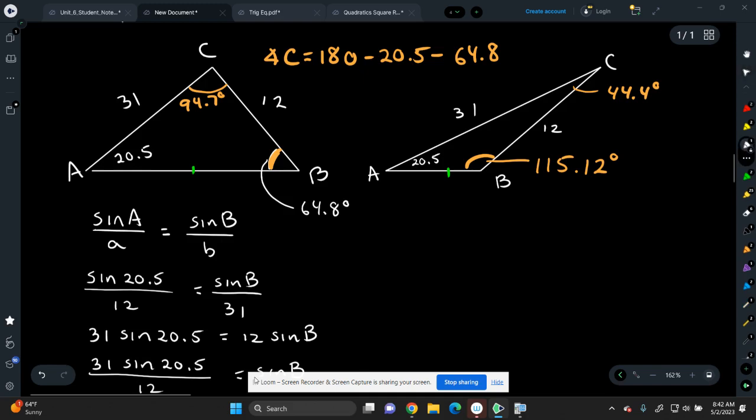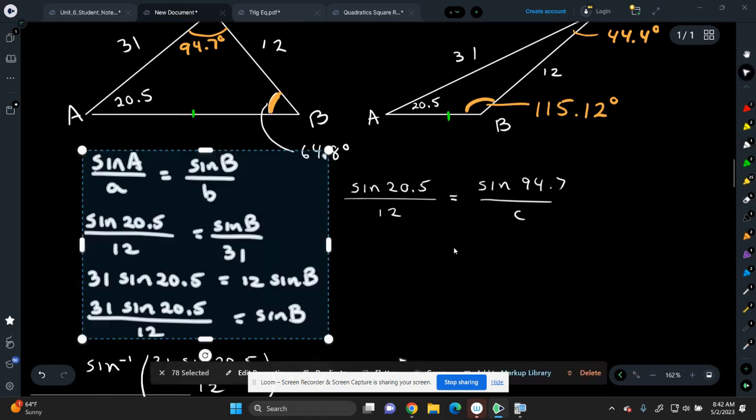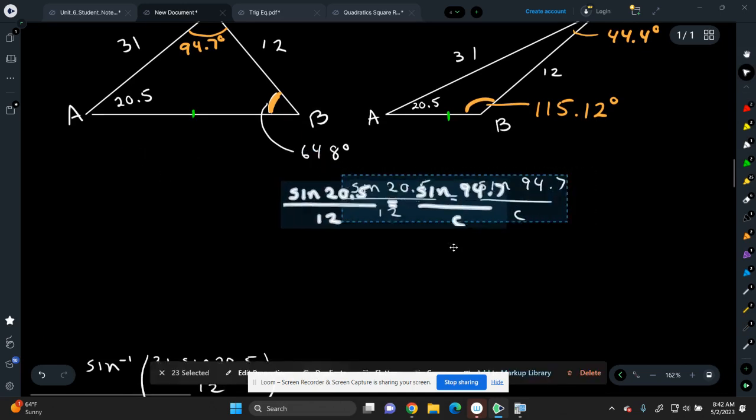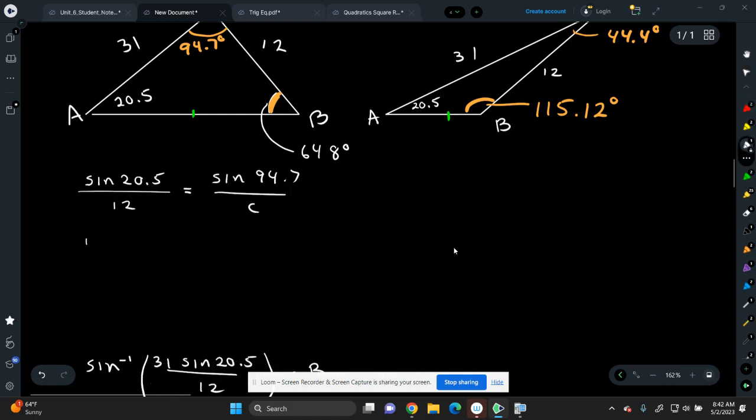So finding side C, we've got sine of 20.5 over 12, sine A over A, equals sine of 94.7 over C. So that means I have 12 sine of 94.7 equals C times the sine of 20.5.